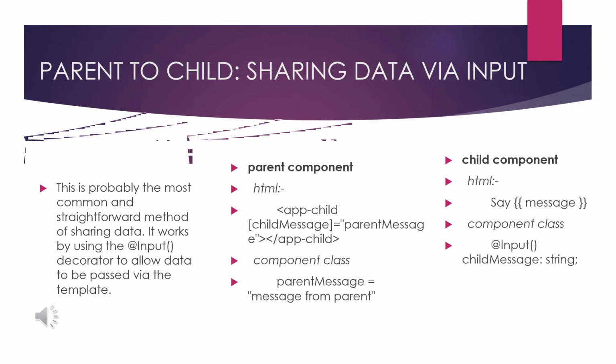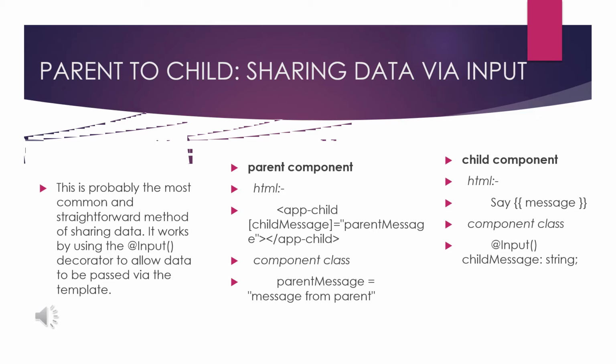In the child component class, I have an input value, childMessage colon string. This child message will be populated in the child component's HTML file, so instead of "say message", we have "say message from parent". Once I have put this message in and used the input parameter, app-child will be calling this child component.